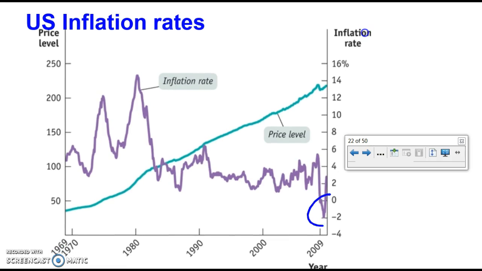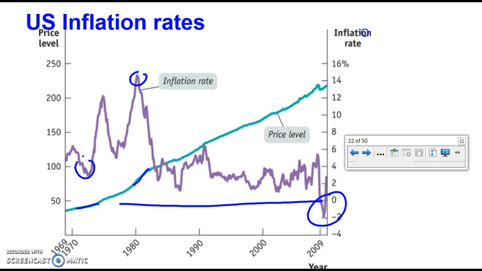This little deflation period. But most of the time inflation rates are above zero, because there's some inflation. When inflation rates are high, you see that the slope of the price level line goes up. And when inflation rates are declining, you see a smoothing out of that line, because it's a rate of change.